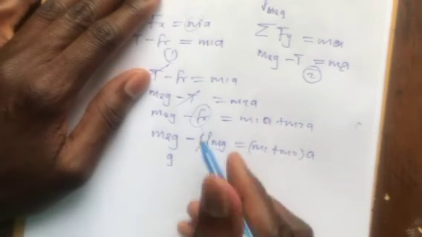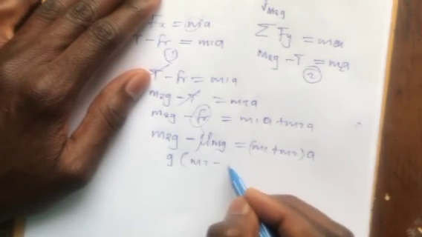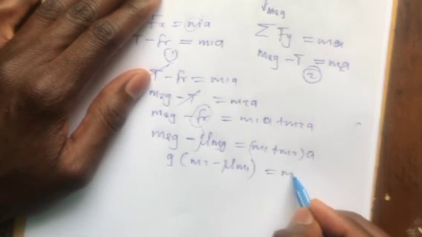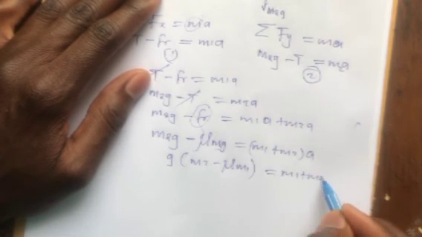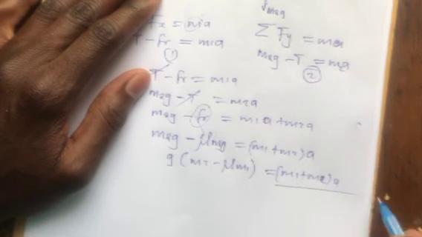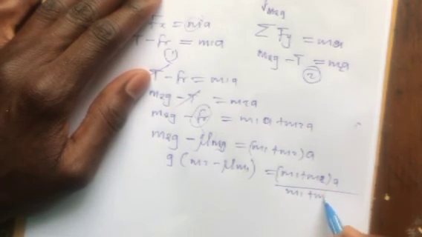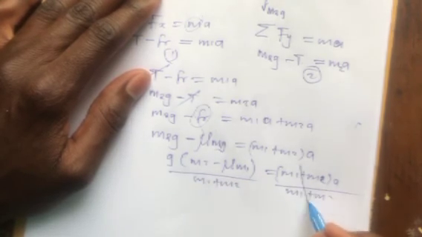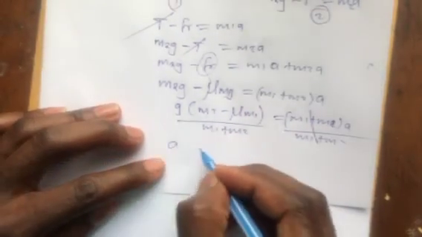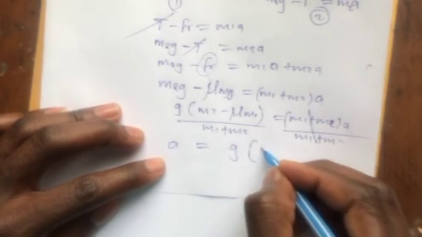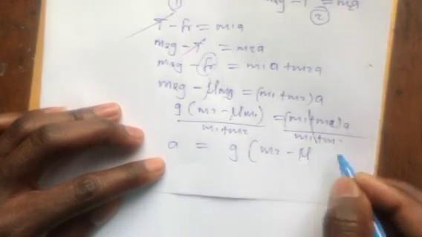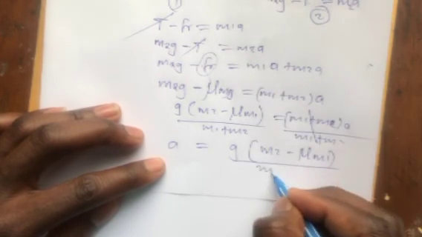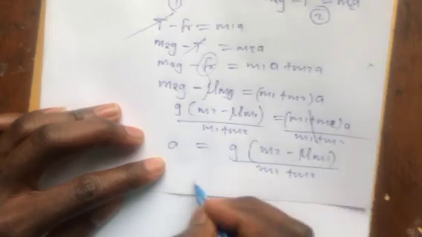We're going to have g open m2 minus mu m1 equal to m1 plus m2 times a. You divide by m1 plus m2, also here m1 plus m2 like this, meaning that acceleration has to be equal to g open m2 minus mu m1, you close, over m1 plus m2.